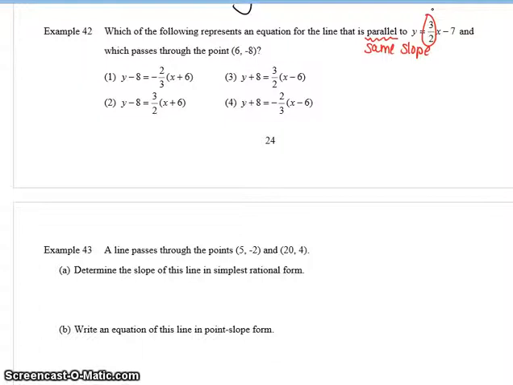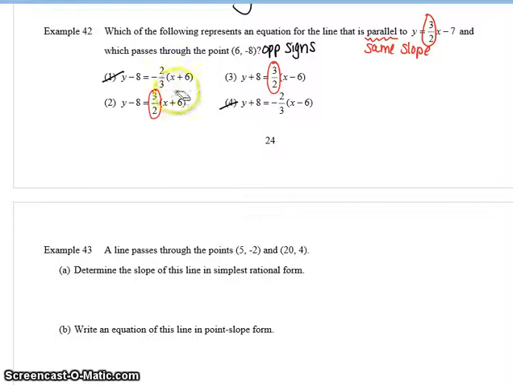Looking at your choices, you know in point slope form, these are your slopes. And because it's parallel, it has to be the same. Therefore, I can eliminate choices 1 and 4 immediately. Now, passing through the point (6, -8). Remember, you need opposite signs when you plug it into point slope form.